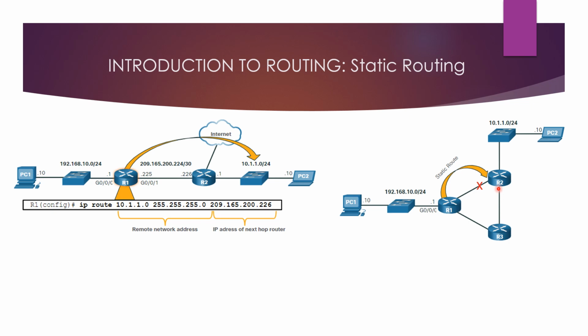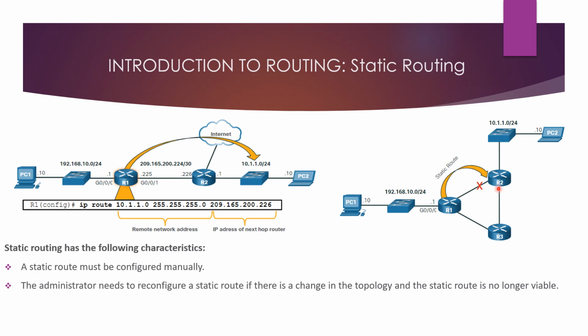But there is a disadvantage to using the static route because it has these characteristics. It must be configured manually, and the administrator needs to reconfigure a static route if there is a change in the topology and the static route is no longer viable.